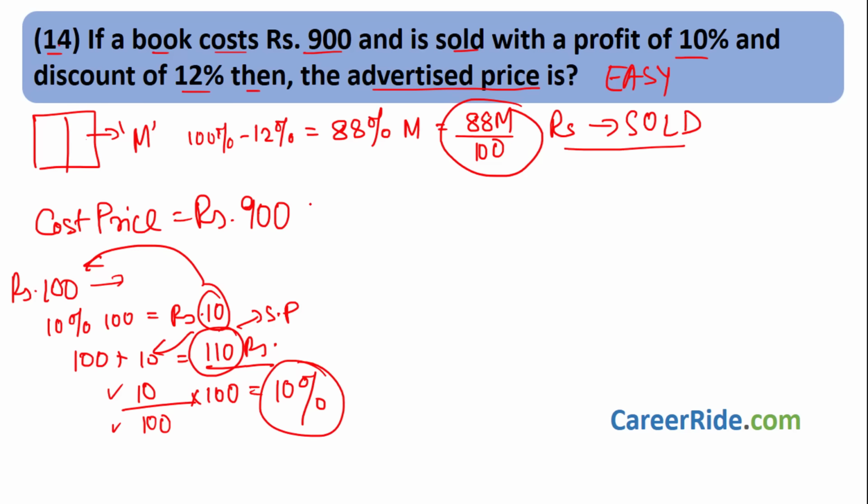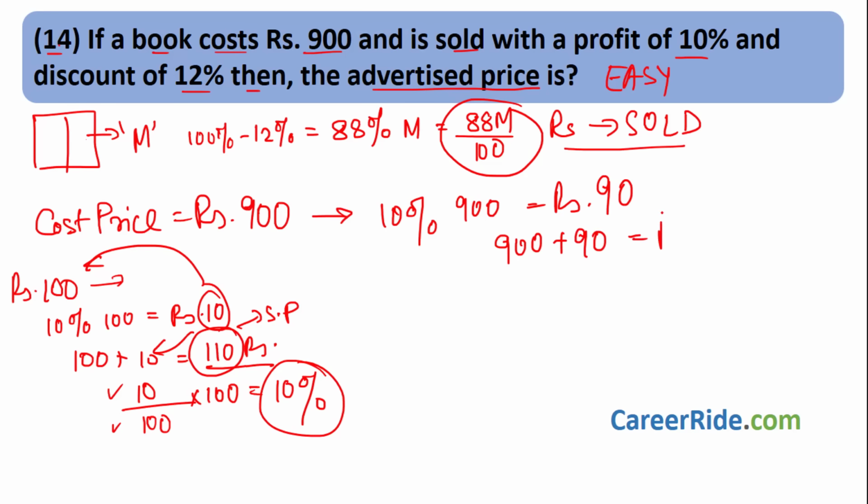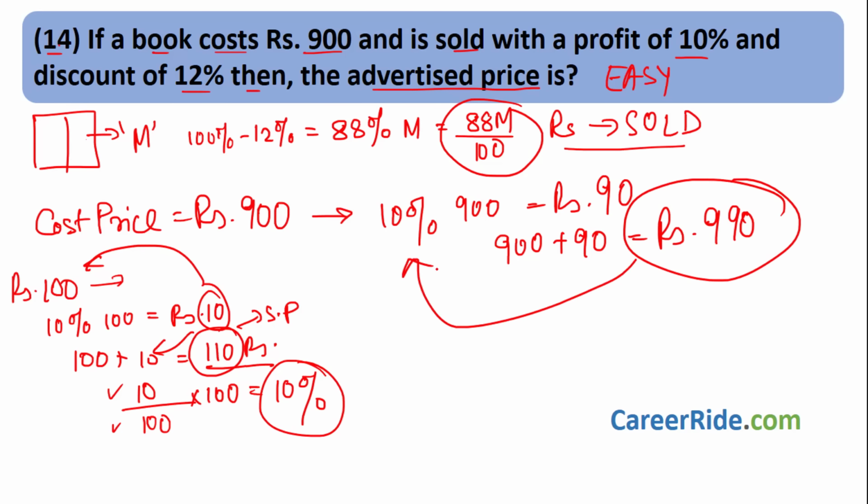So over here also cost price is 900 rupees. We want 10% profit, right? So what is 10% of 900? That is simply rupees 90. So the shopkeeper or the person who is selling the book, he has to sell the book at 900 plus 90 equal to rupees 990. Then only the person will get 10% profit while selling the book.